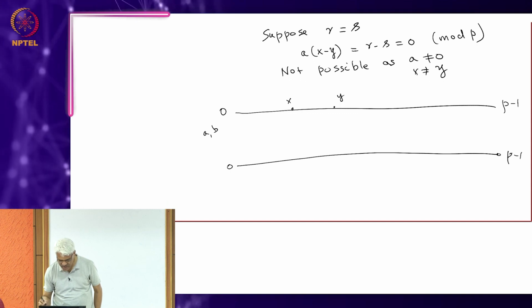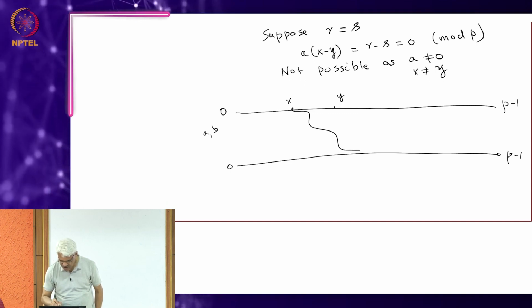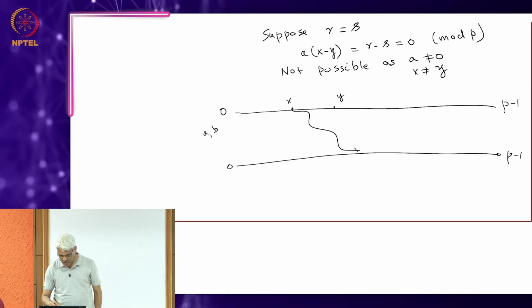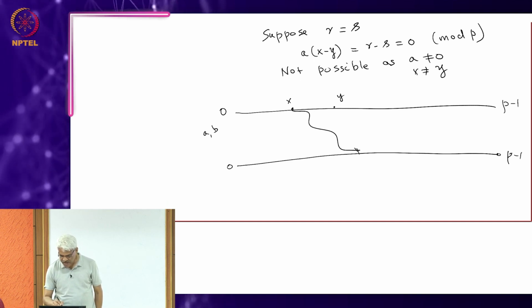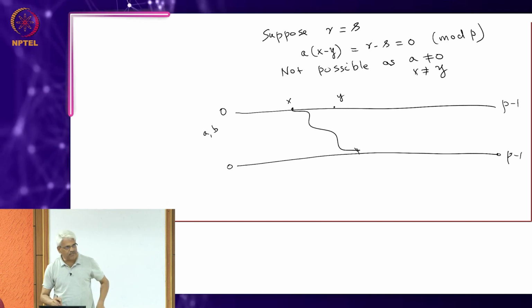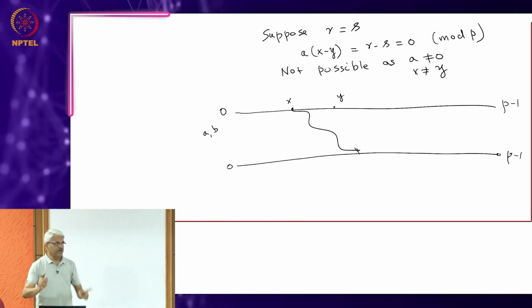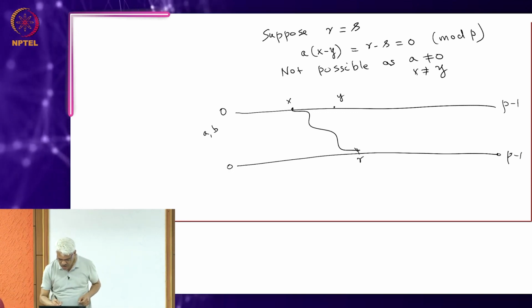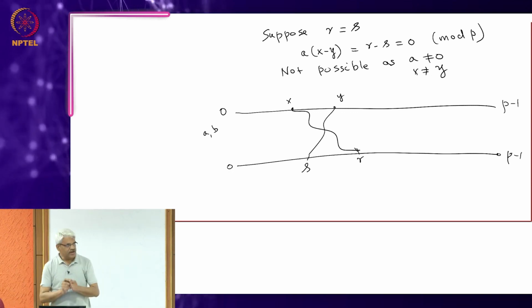I hope this picture helps. So, x gets mapped somewhere by this h_ab, Ax plus b mod p. y gets mapped to somewhere else, and what I argued is that where they get mapped are always distinct, if x and y are distinct. So, x gets mapped to r, y gets mapped to s, they are distinct.